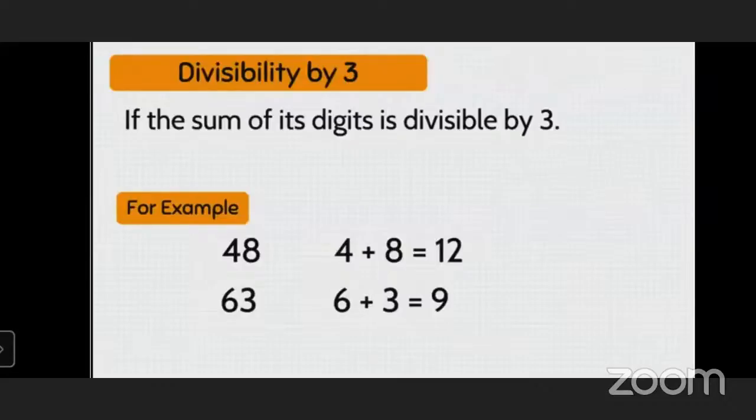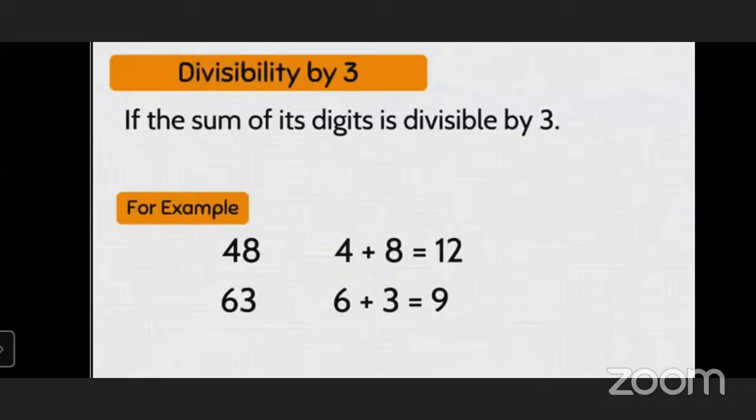Understand? Can anybody give me an example which is divisible by 3? Yes, sir. 12. 18. 30. Okay, and I will give you one example.